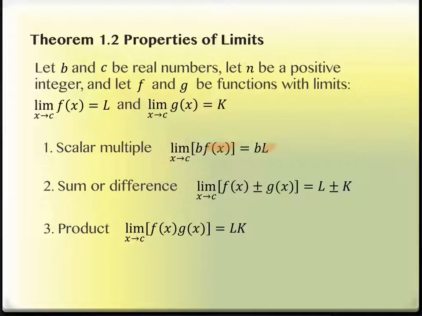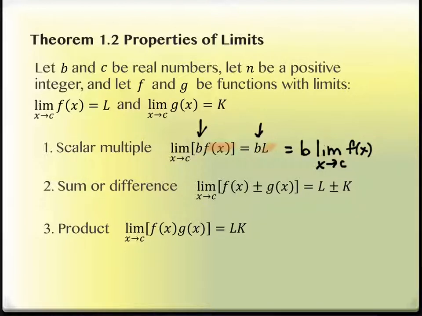They're going to be very, very close together, and the b value, this constant that's being multiplied, is simply multiplied by the limit. Sometimes you'll see this written with the b in front, as some textbooks will, b times the limit as x approaches c of f of x. In other words, it doesn't matter if you multiply the function or if you multiply the limit on the outside, you get the same result.